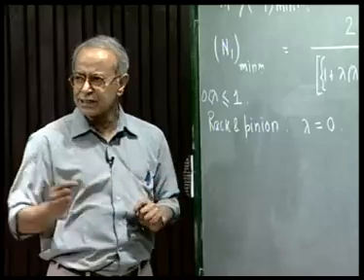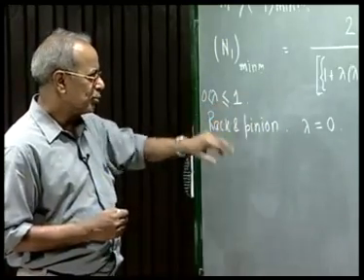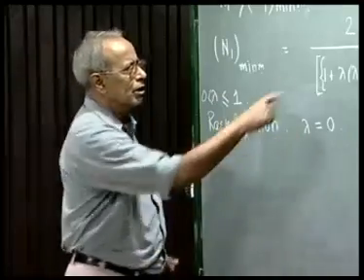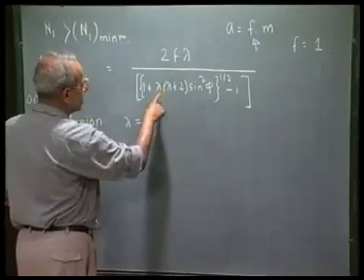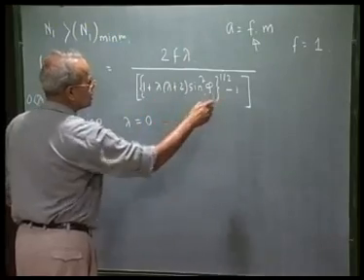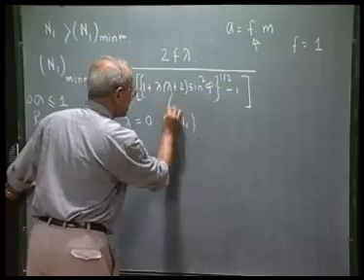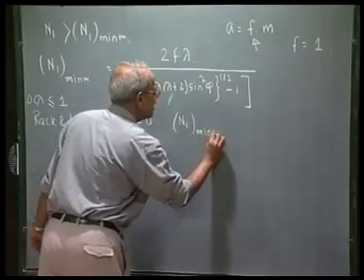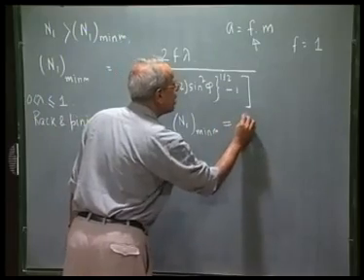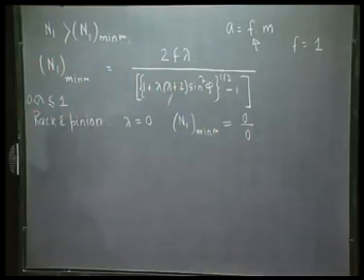Rack has only translational velocity. So, lambda is 0. Omega 2 by omega 1 is 0. Now, if I put lambda equal to 0 here, then numerator is 0 and denominator is 0, so N1 minimum from this expression is turning out to be of the form 0 by 0. But that is nothing problematic.